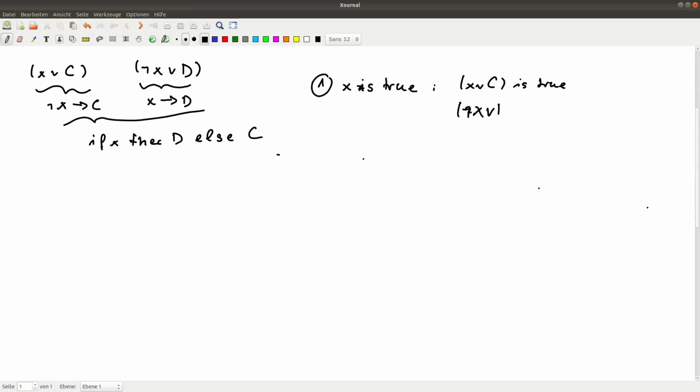Not x or d is true if d is true under this assignment. We say x is true under the assignment.